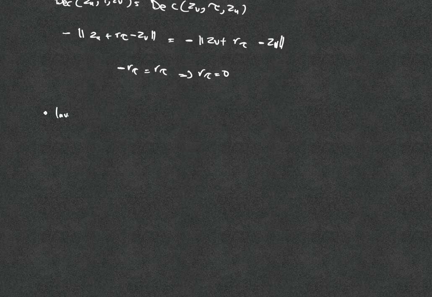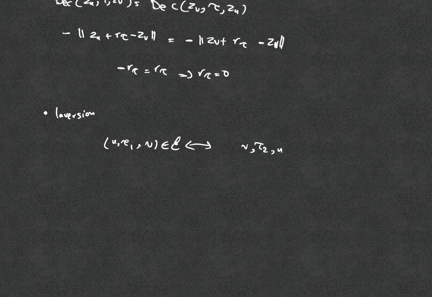The other thing which is closely related to the definition of symmetry is inversion, which means that if relationship tau 1 exists between u and v, it's the same as having relationship tau 2 between v and u. Again, DistMult is something that cannot model this.